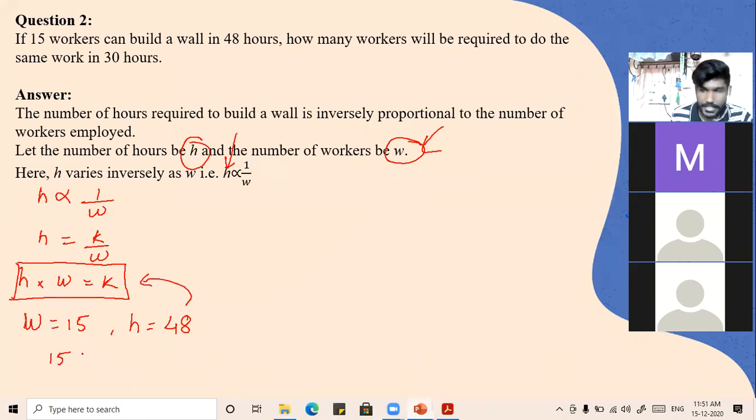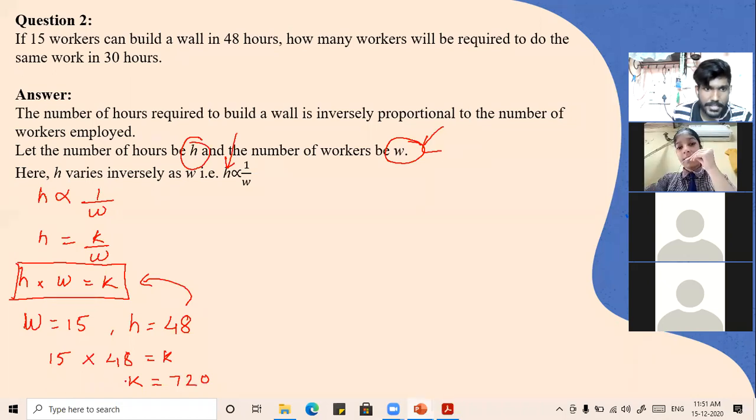This becomes 15 multiplied by 48, which will give you K. So how much is 15 multiplied by 48? 720. So 15 multiplied by 48 is 720. So I've got the value of K.